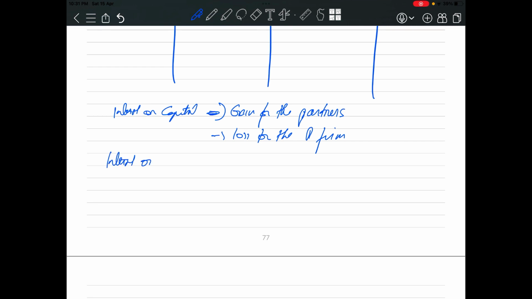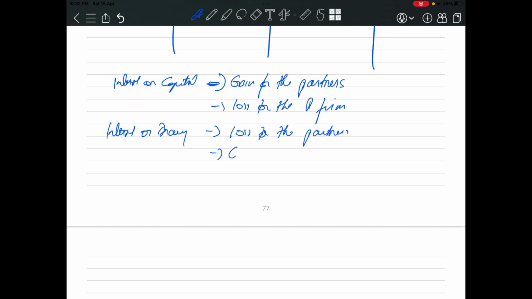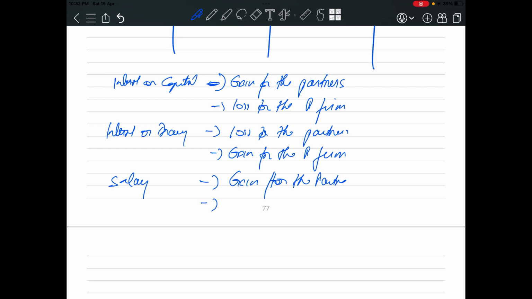Similarly, interest on drawings is a loss for the partner, because he has been charged interest on the amount which he has withdrawn from the business, and this is a gain for the partnership firm. Salary is a gain for the partner and a loss for the partnership firm.